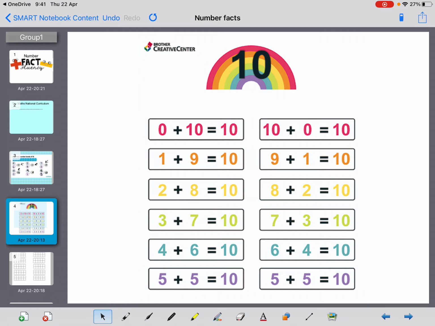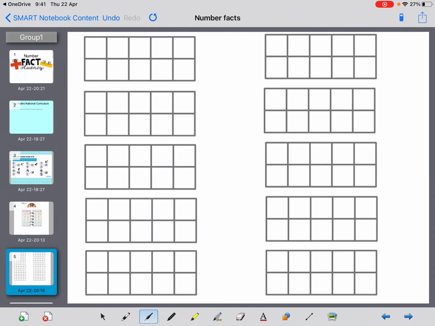So 1 and 9, 2 and 8, 3 and 7, 4 and 6, 5 and 5, and we can swap those over. You can see 1 and 9 or 9 and 1, 2 and 8 or 8 and 2, 3 and 7 or 7 and 3, 4 and 6, 6 and 4, 5 and 5, swapped over would be the same, 5 and 5 makes 10.